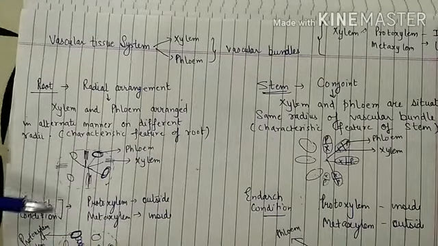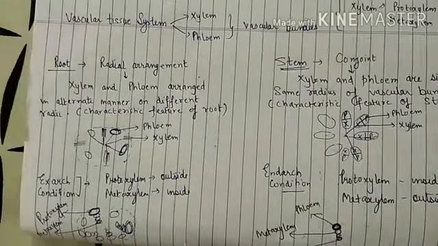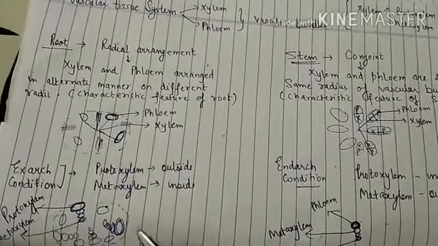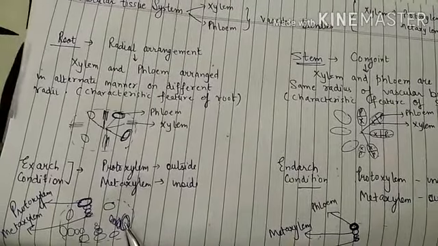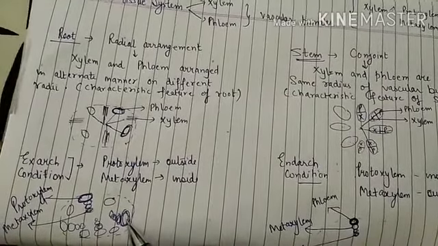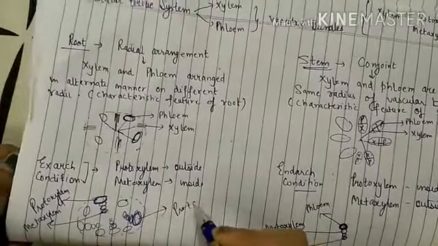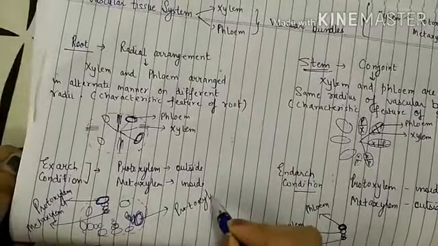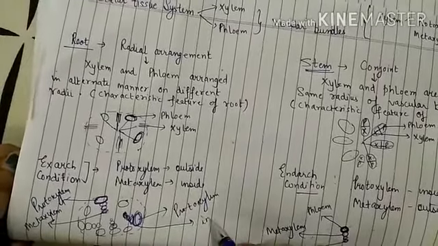So what does this mean in exarch condition in root? It means, as you are observing here, this is the phloem and let us assume this is the xylem. The first formed xylem, that is protoxylem, is present outside, and the later formed xylem, that is known as metaxylem, is present inside.